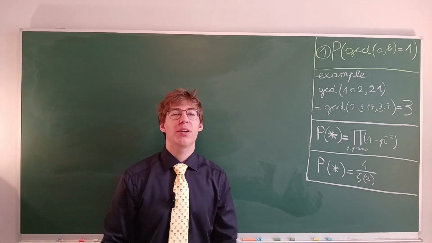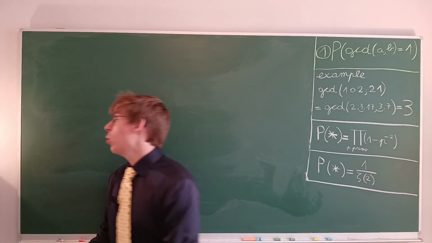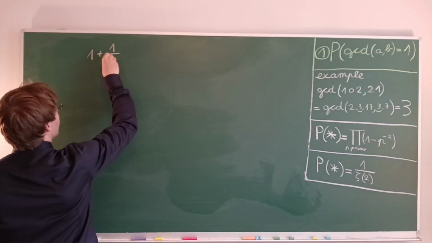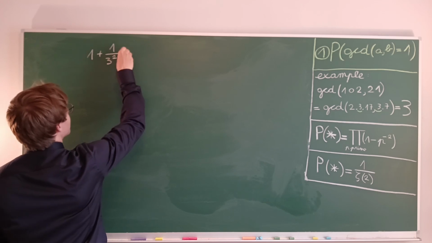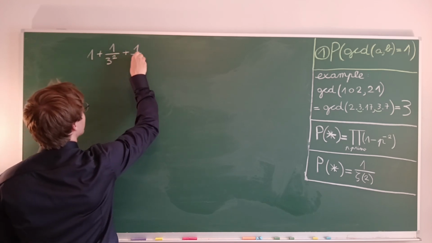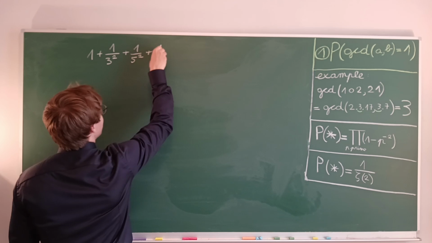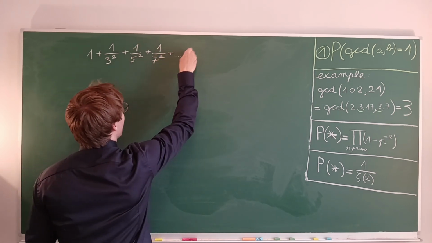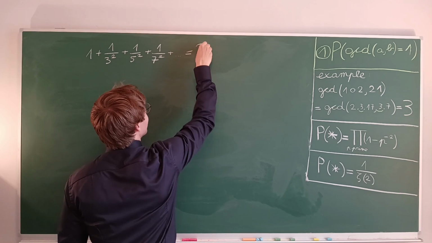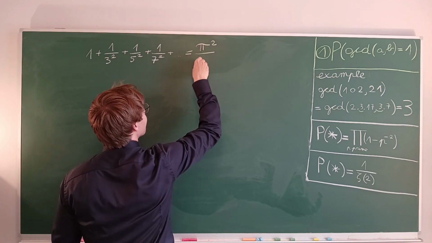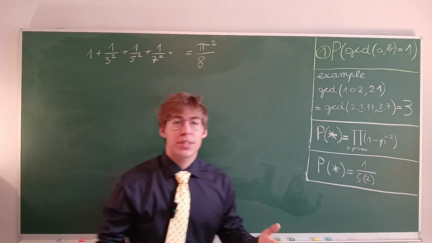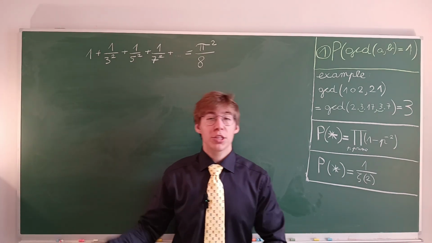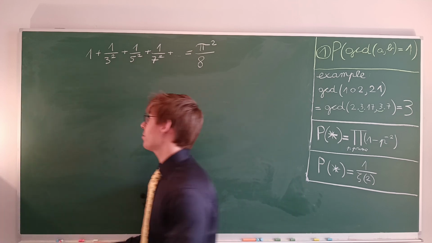Now from this video, and go all watch that video, we know that the following sum over all of the odd integers is equal to pi squared over 8. Now notice that this looks similar to the zeta of 2 value, but we also need the even values.